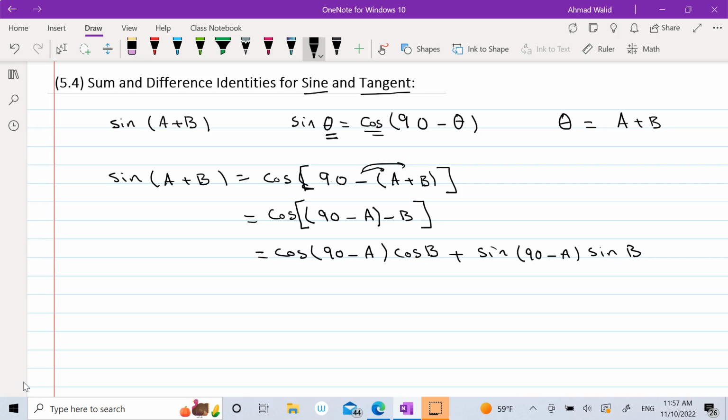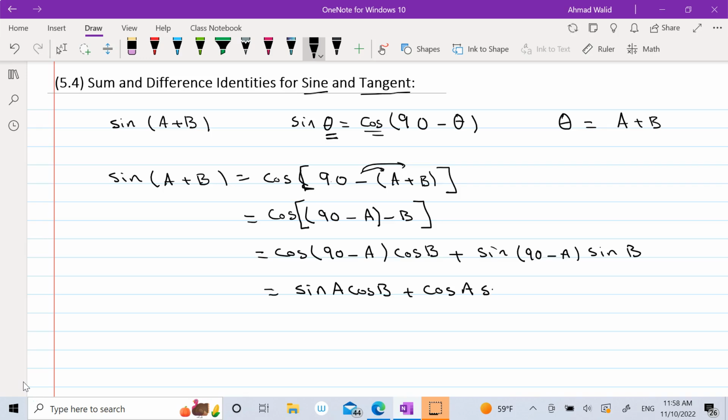And if you simplify, use again the co-functions method, cosine of 90 minus a equals sine of a, right? Based on the co-functions method. Cosine of b stays as cosine of b. And sine of 90 minus a gives you cosine of a, correct?